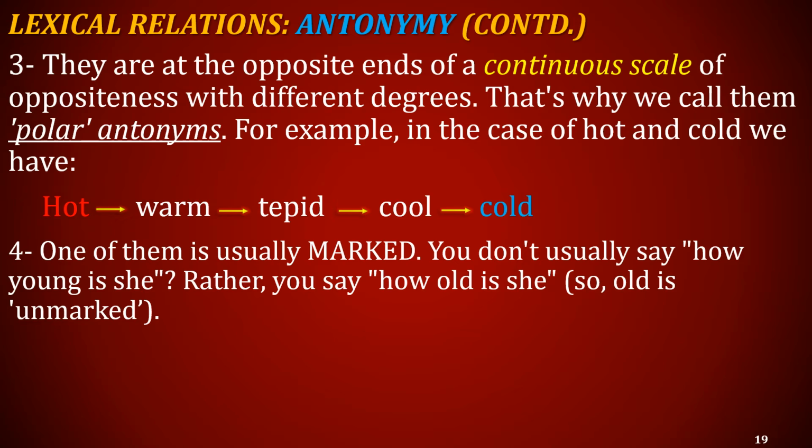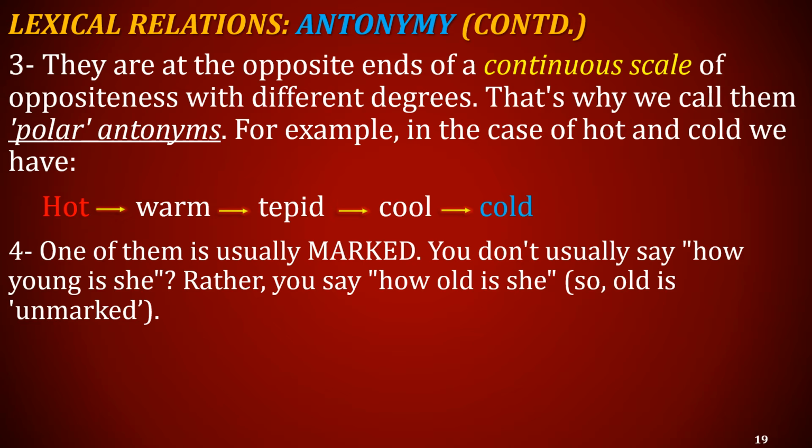You don't say how small the room is, unless you want to emphasize the smallness of the place, as you might not say how short John is, unless you want to talk about something particular, or your language is sarcastic. But if you say how old is she, then it is quite unmarked, or how large is the room, it is unmarked.